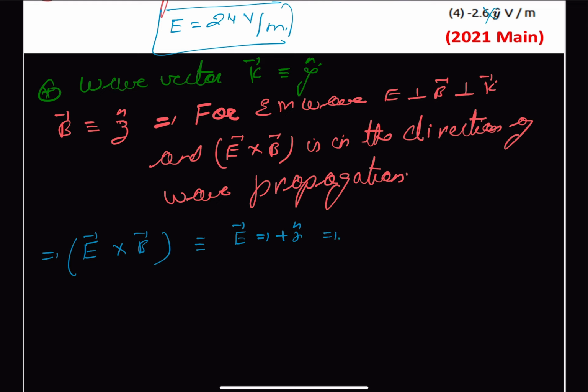Therefore, we get our x unit multiplied by magnetic field z unit, and their cross product is going to be negative y direction, but this is given as a plus y direction, so this direction of electric field will be wrong.